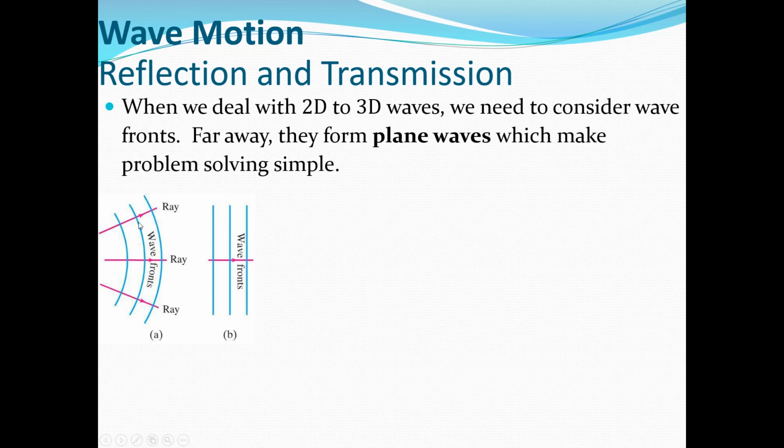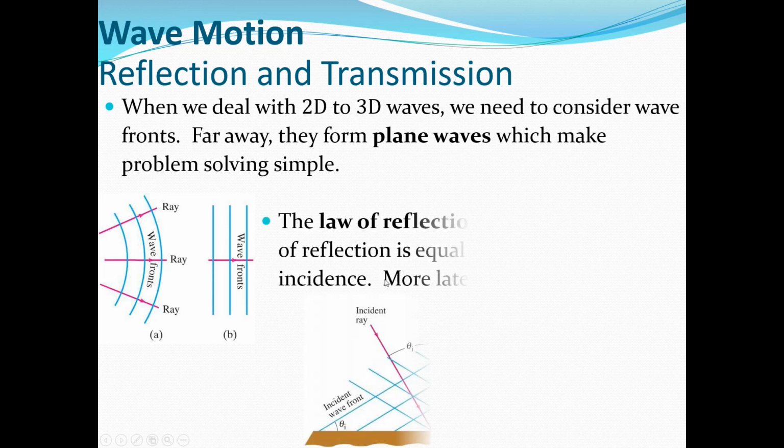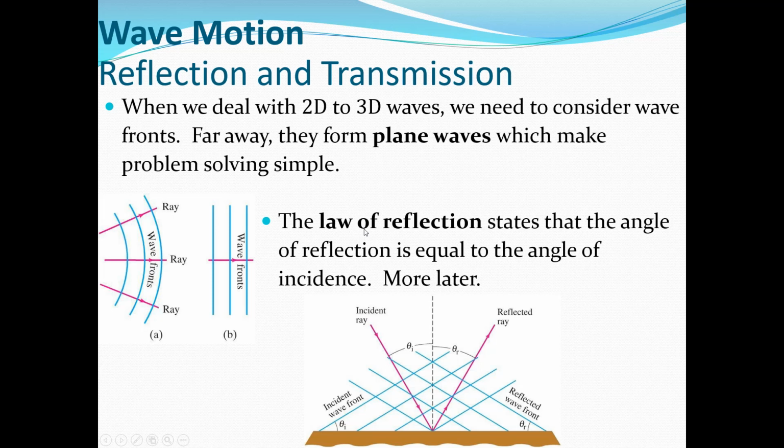Now the law of reflection basically states that when a wave comes in at some angle, it's going to bounce back at the exact same angle. We call that the incident and reflected ray.